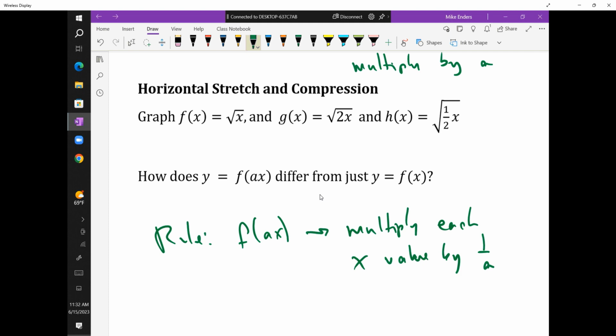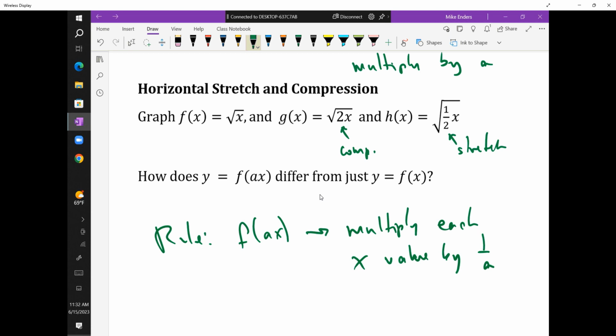Okay? And so this multiplying by 2 up here inside is going to end up compressing this function, okay, and we're going to push it back down, and this 1/2 is going to end up stretching it out, okay. So this is going to end up being the compression. This is going to end up being the stretch.